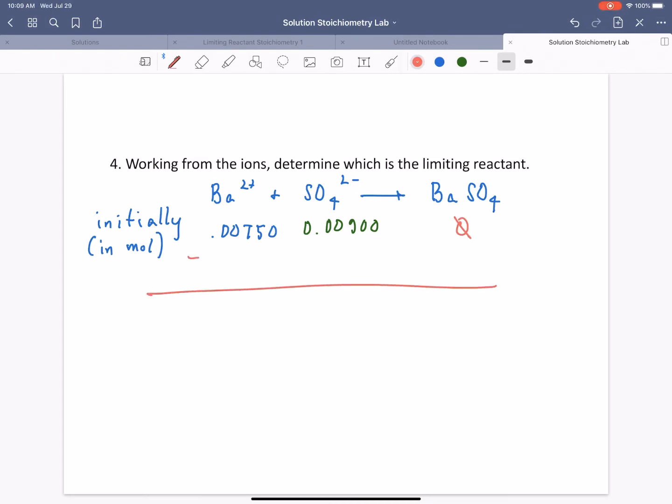If all of the barium is consumed, not all of the sulfate is consumed.